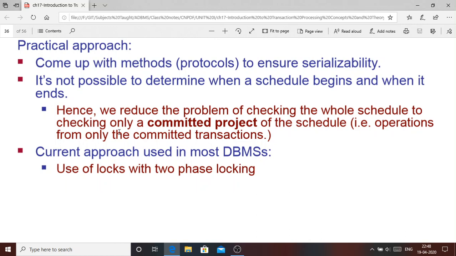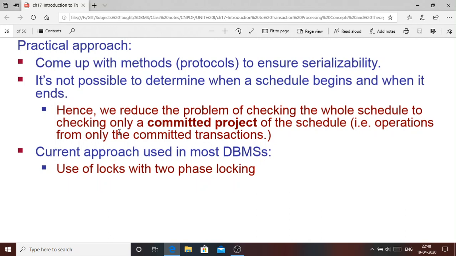Now, to come up with a practical approach of ensuring the serializability of the schedule, it is actually very hard to achieve in practice. Why? Because in large multi-user databases, the transactions are continuously being submitted.